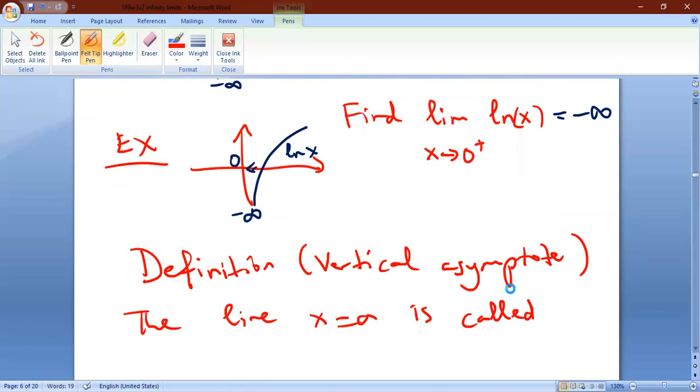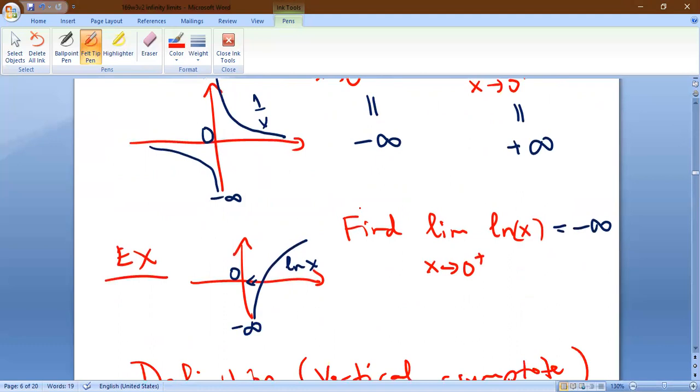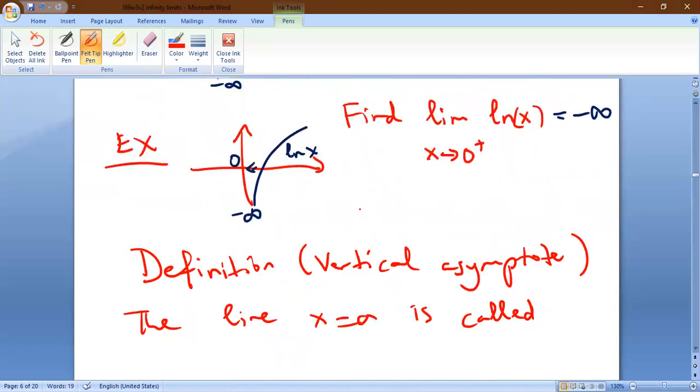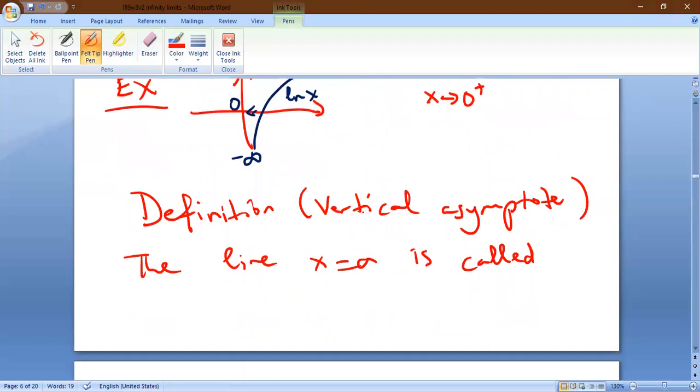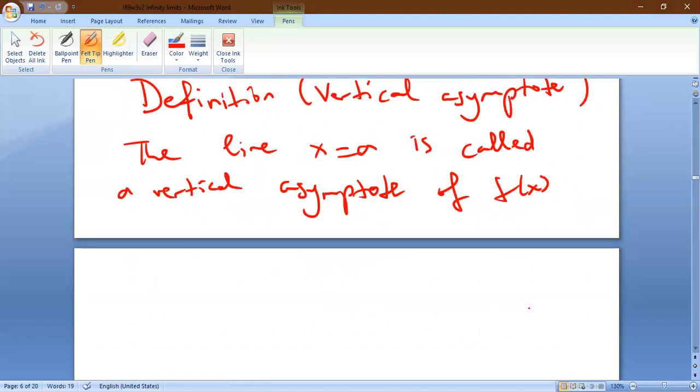In my last example, x equals 0. In the 1 over x example, also x equals 0. In the ln function example, also x equals 0. These are vertical asymptotes. So the line x equals a is called a vertical asymptote of f if at least one of those things happens.